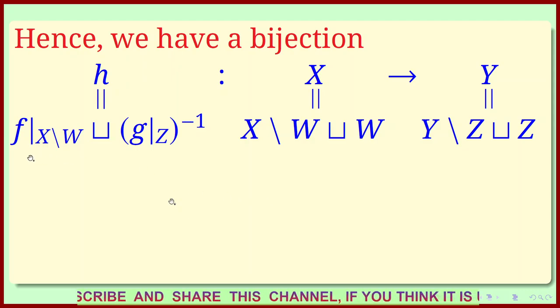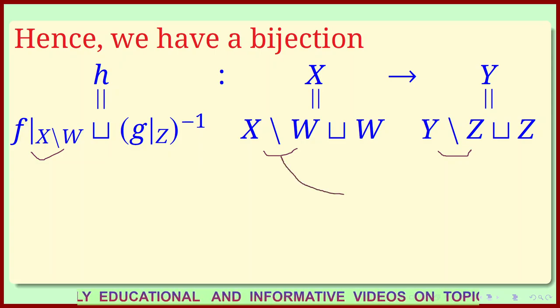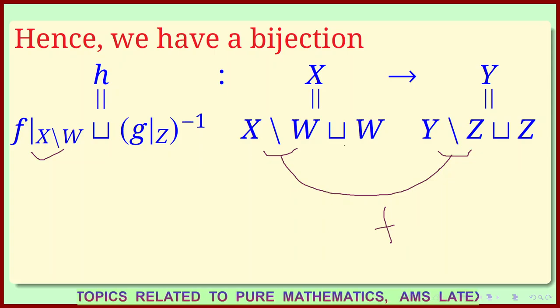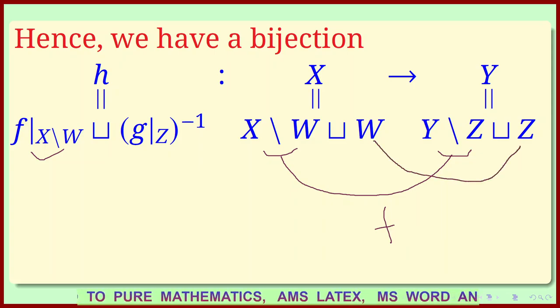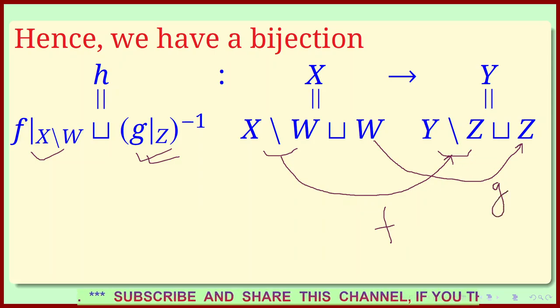We have just observed that this is a bijection from this to this, given by this f, and from w to z also we have a bijection, given by this. All right.